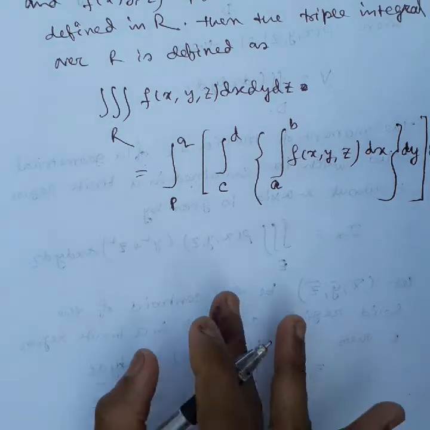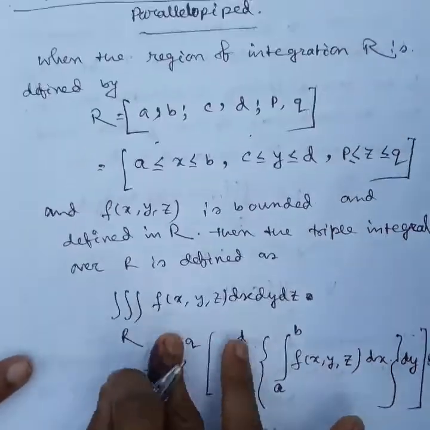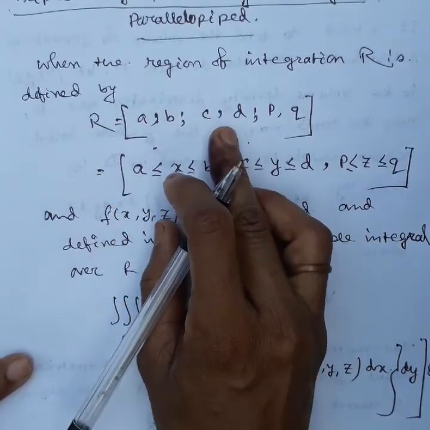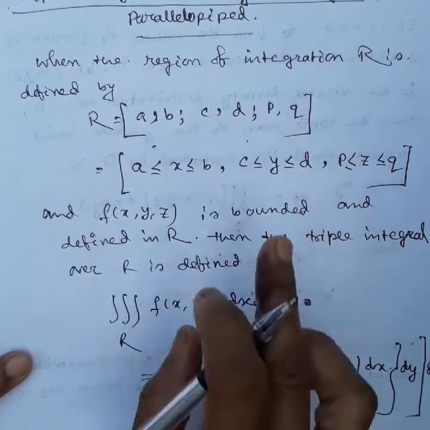And if the region of integration R is a cube, then all the length, breadth and height are the same.